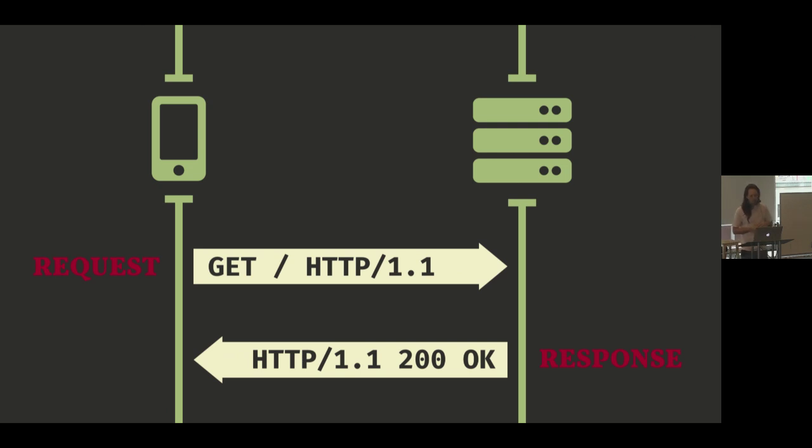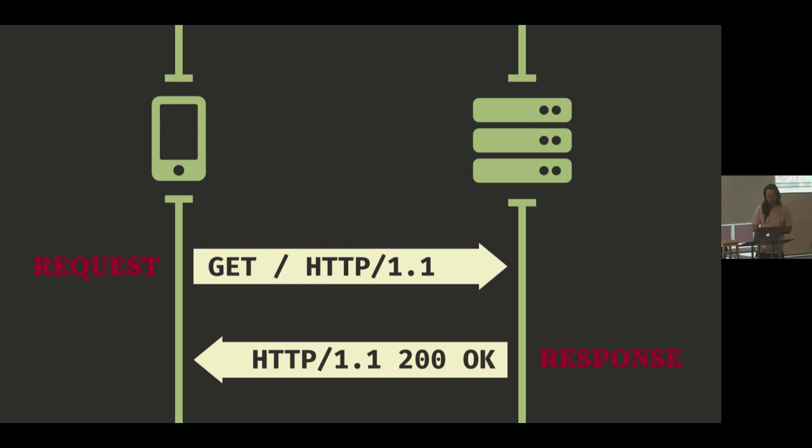So this is the main model we're going to use for communication on the web. And HTTP always follows this request-response model. I've defined up there what we call the request line. The first line of an HTTP request is called the request line, and it includes two very important pieces of information and one maybe kind of important piece of information.